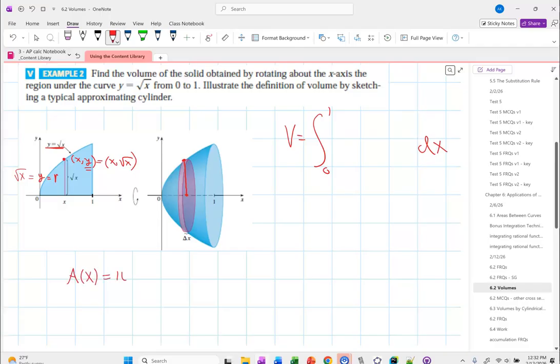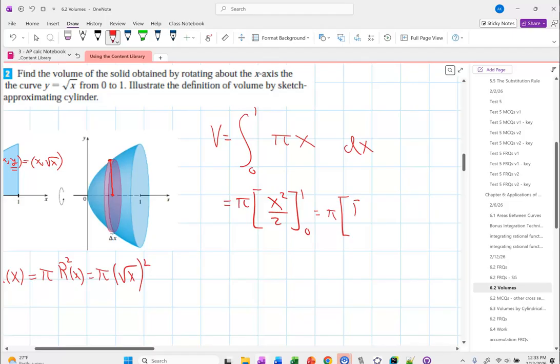So my area function is going to be pi r of x squared. And we have that our r is square root x. So this is just going to be pi x. Is that okay? Now it's time to integrate. The antiderivative of x is x squared over 2.